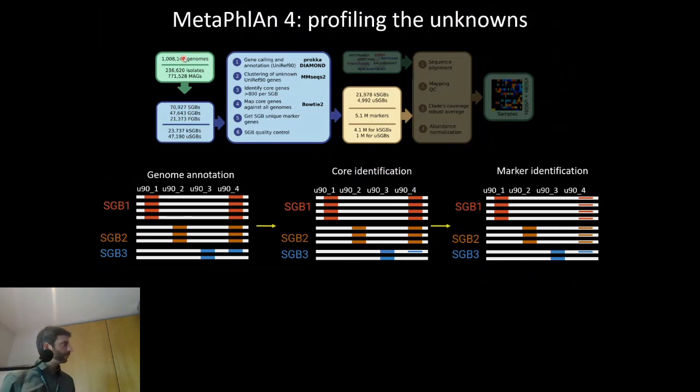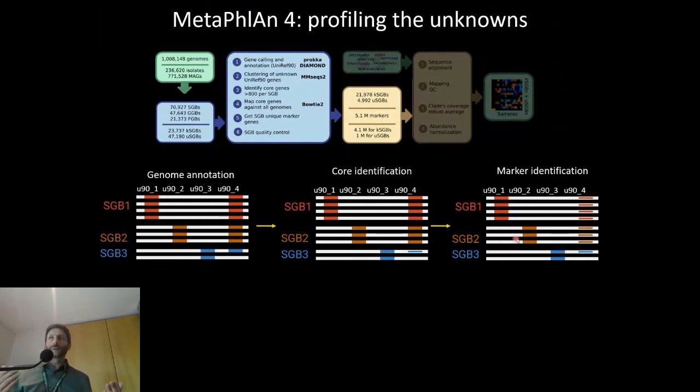So the trick that we use, and this is done in our software called MetaPhlAn 4, is to look for genes that specifically characterize each species-level genome bin. So genes like this one here, which is present only in SGB number 1 and is never present in the other SGBs.